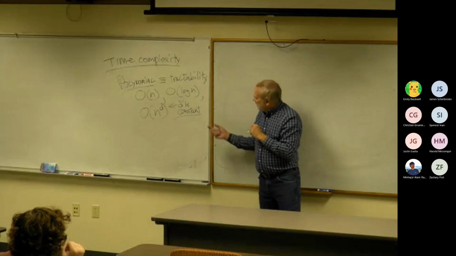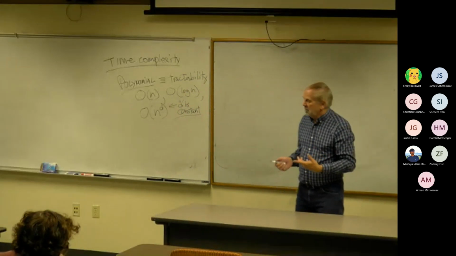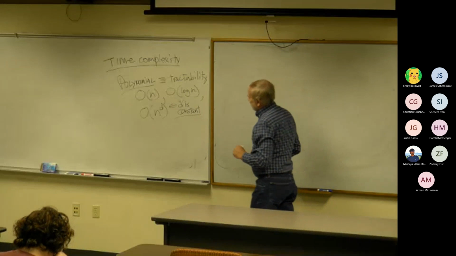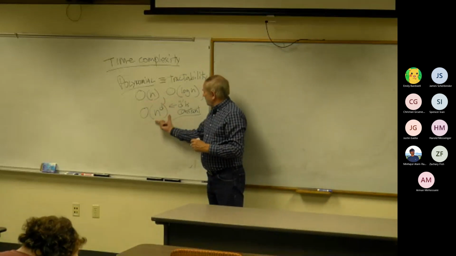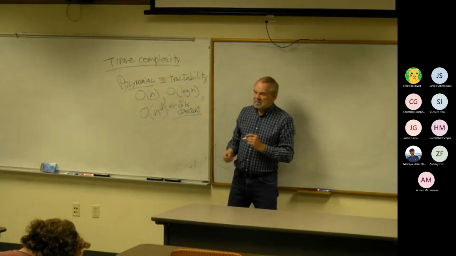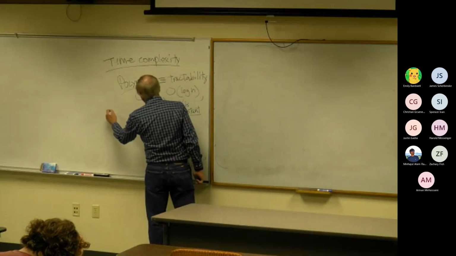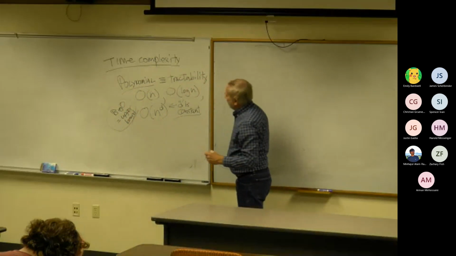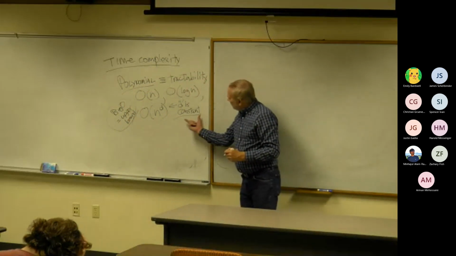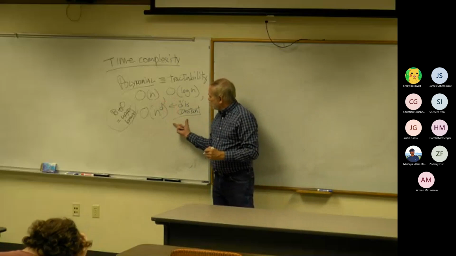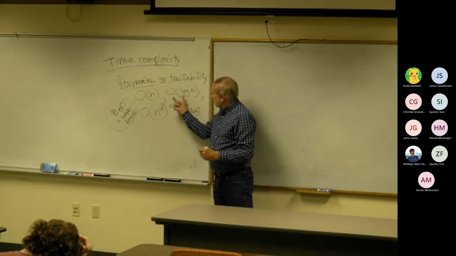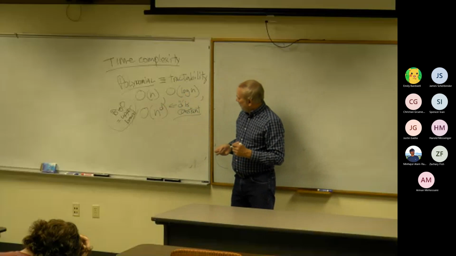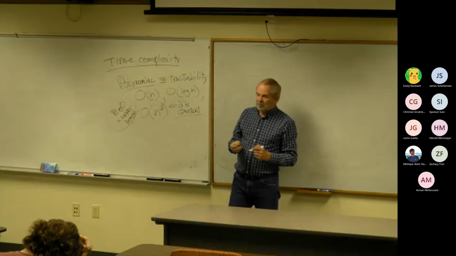All of these are expressed as polynomial time, worst case, or upper bound. Big O is an upper bound on the time. And so we can compare algorithms, we can compare solutions to problems based on whether they have the same big O upper bound to them.